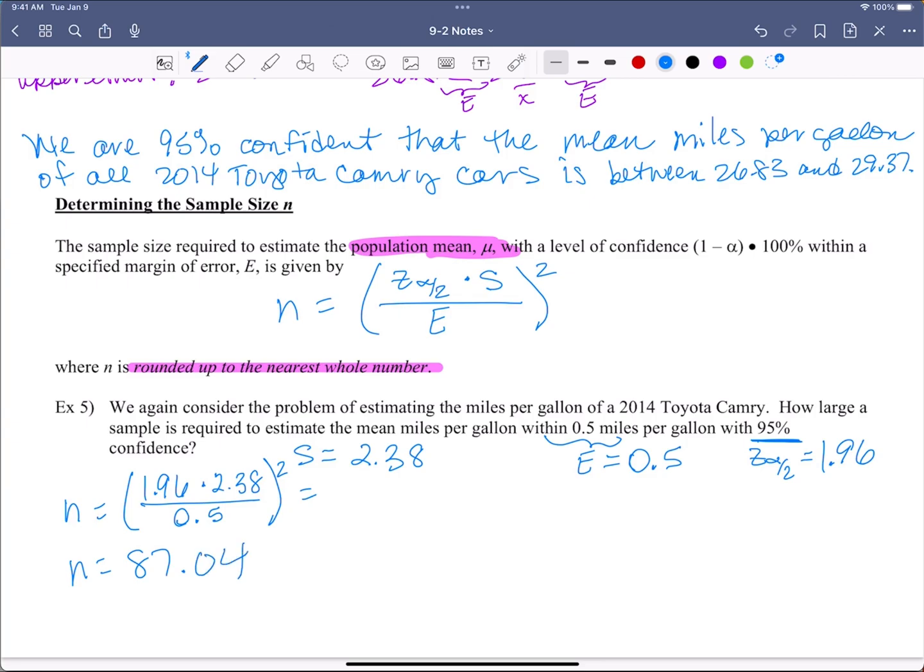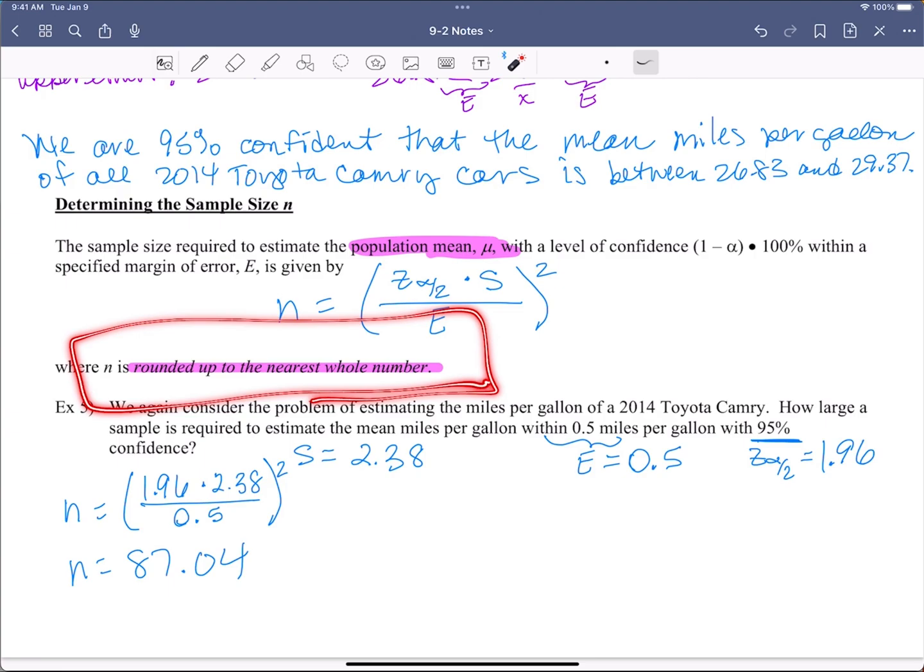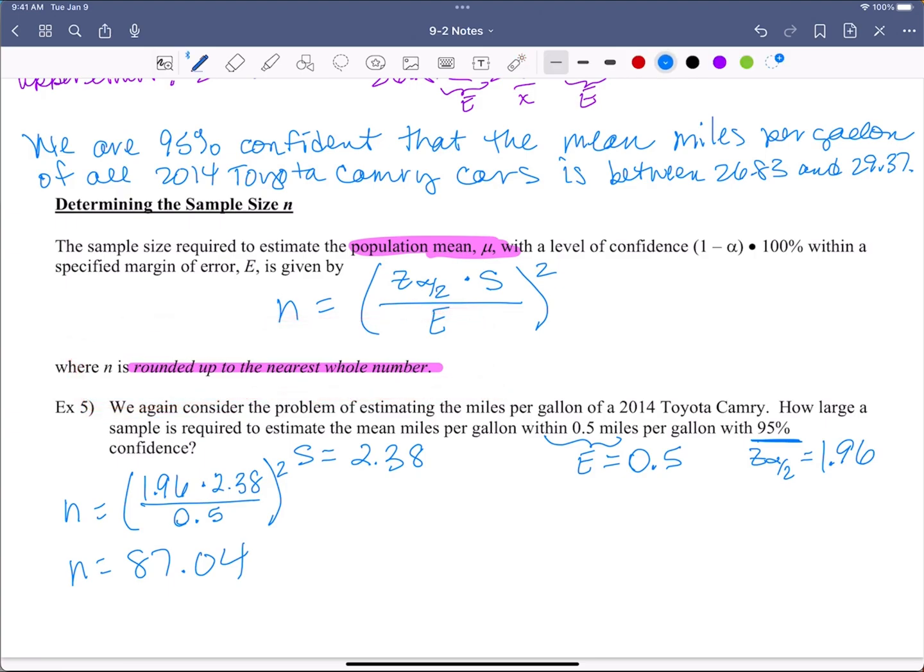I'm going to go down below because I got this awful close to my standard deviation. So what does it tell me that we're going to do every single time, always? Round it up. So how many do we actually need here? 88. Good. We need 88. So a sample size of n equals 88 is what we're going for there.